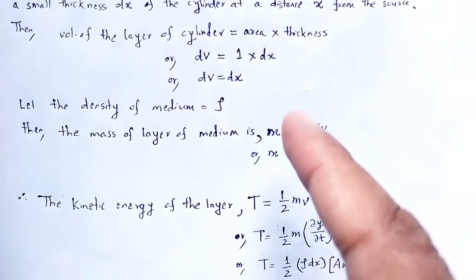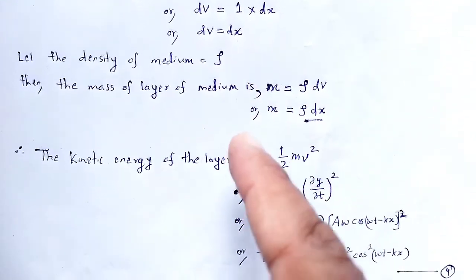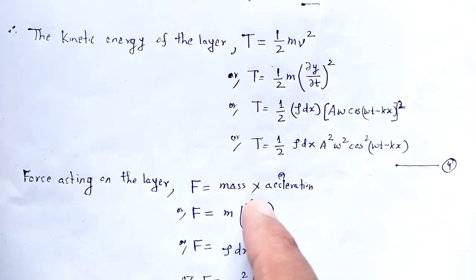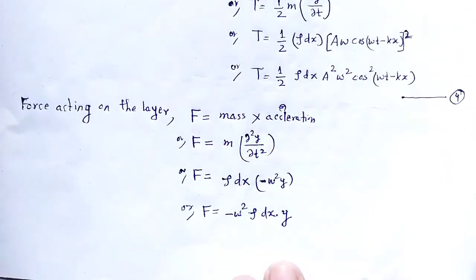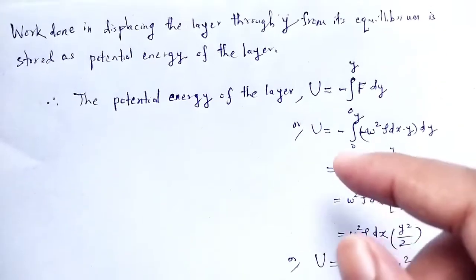Consider a cylindrical region of the medium layer. We take volume, density of the medium, mass of the medium, kinetic energy, then force acting on the layer, and then calculate the potential energy.